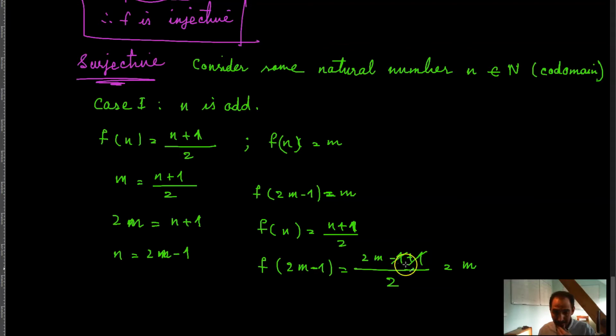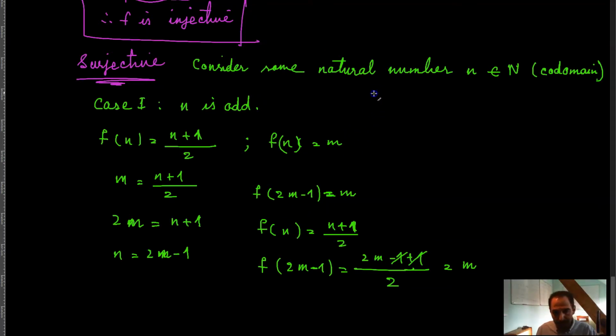Based on that you can say that your function is surjective, meaning for every m there is some 2m minus 1 which is also available in the domain of your function. And so this m is basically the image of that 2m minus 1, right?